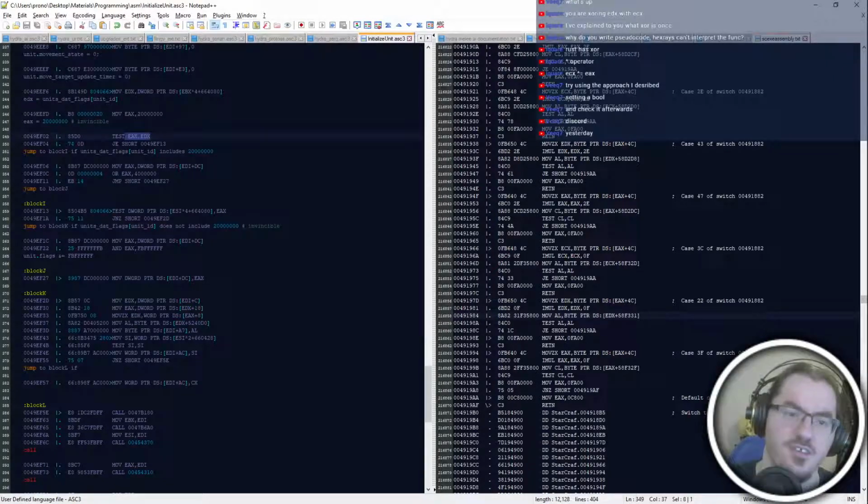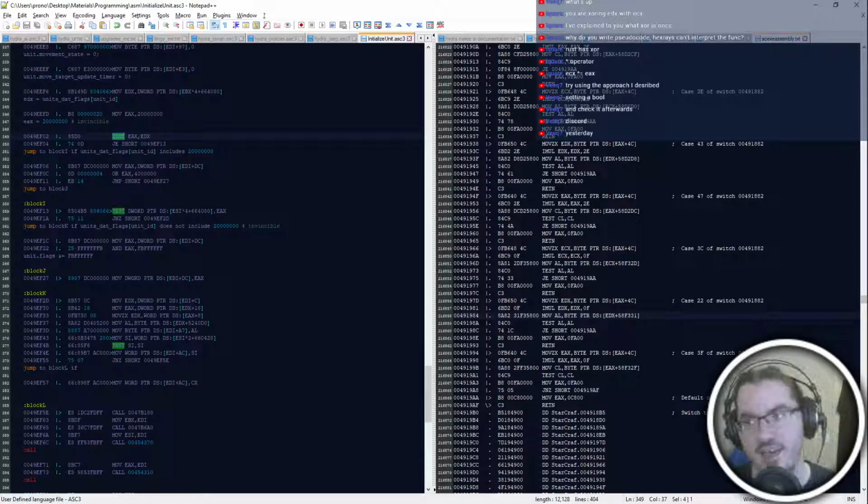The only difference is that over here in this test, it's checking the value, the flag, before comparing it. It's flag, logical and, unit stat flags, unit ID. Whereas down here, it's unit stat flags, unit ID, logical and, flag.